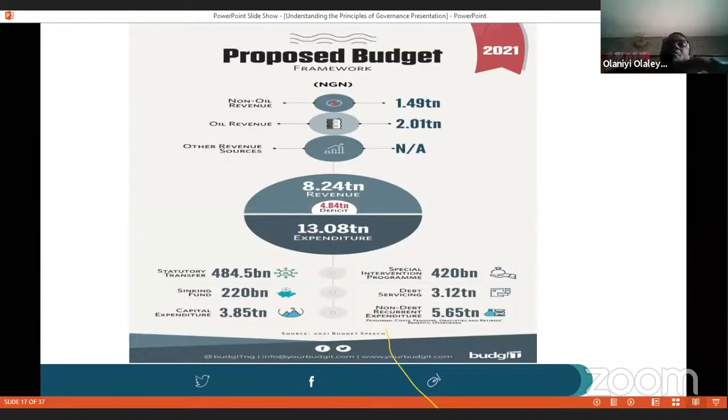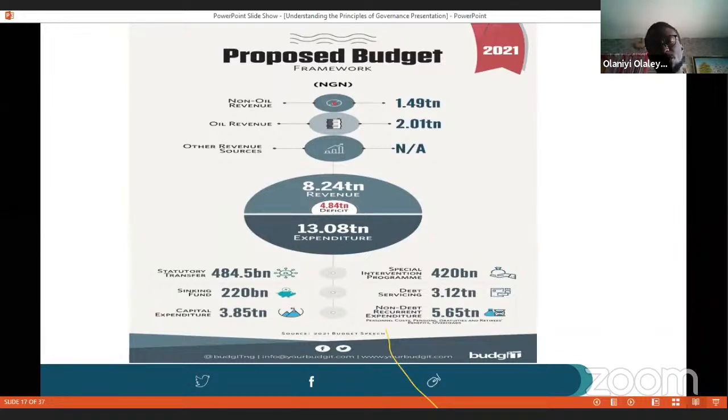It was more like, people should just collect and let me rest. In the period of 2015 to 2020, which is only 5 years, only their 2017 budget was released. 2018, nothing. 2019, nothing. 2020. And from this statutory transfer, the National Assembly gets over 120 billion.